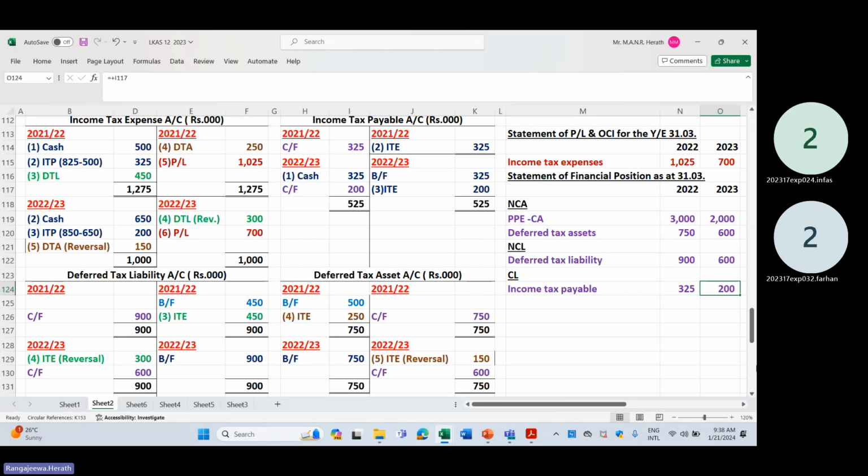Practically in business, from the accounting, you have to calculate the carrying amount and you have to calculate the tax base. Based on the application of accounting standards, you can calculate the carrying amount of an asset or liability. Based on the application of tax law, we can calculate the tax base of an asset or liability. So we'll move to the next activity.